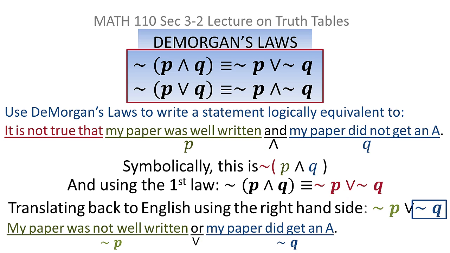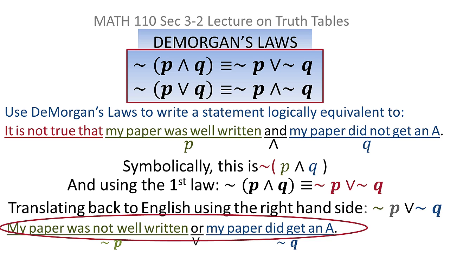So the translation of this would be my paper was not well written, or my paper did get an A. Let me say that again. My paper was not well written, or my paper did get an A.